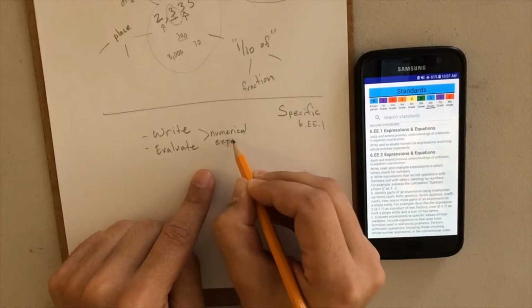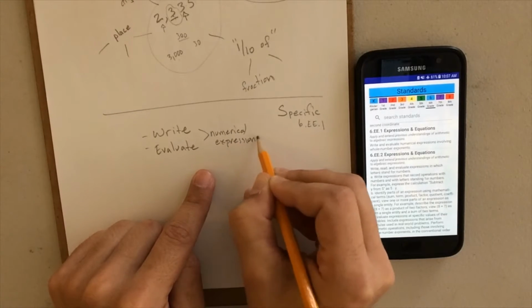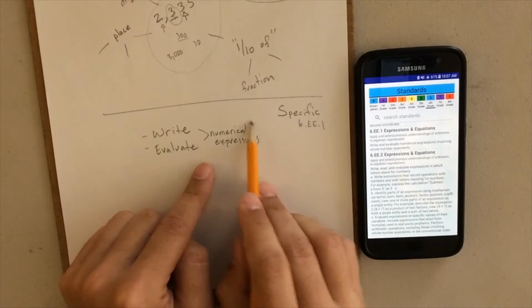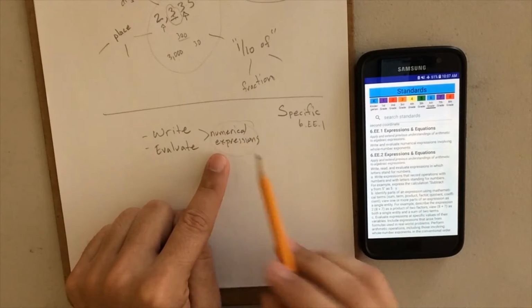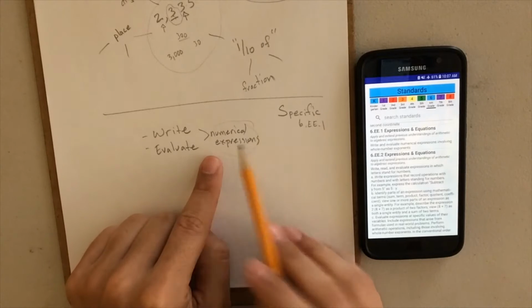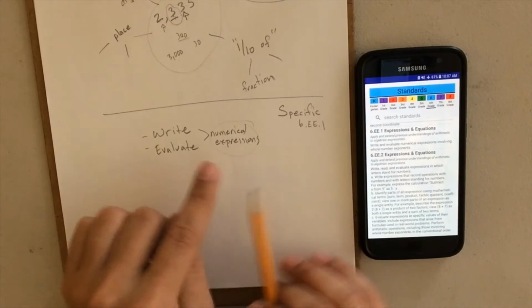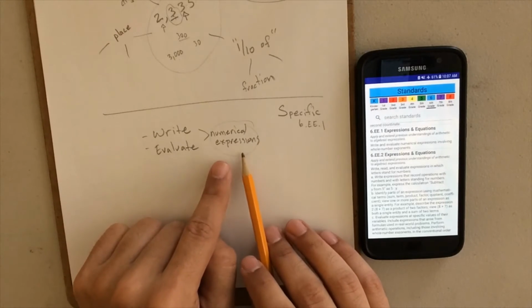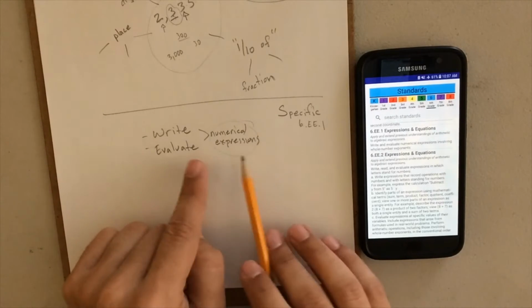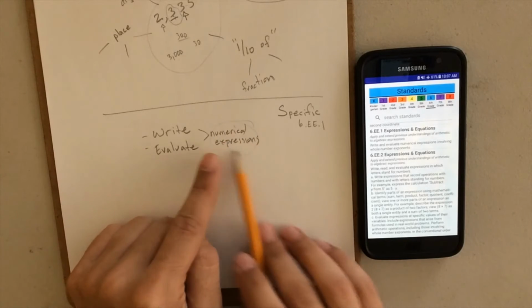So we're going to have to know what numerical expressions are. This is something that we can look up. We can type this into Google. We can email a professor. We can email a teacher. We can contact whoever it is that you go for help, or websites or videos. This you can look up. This is easy.